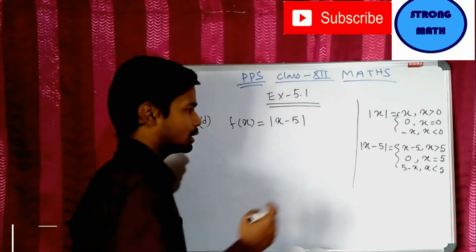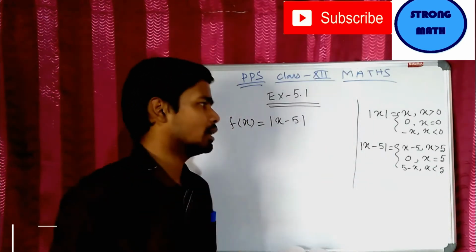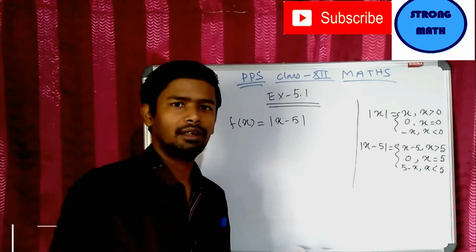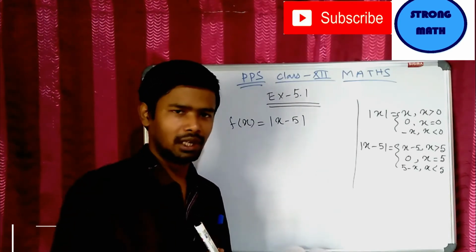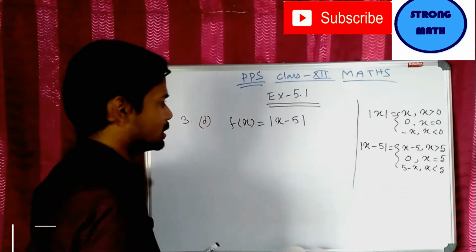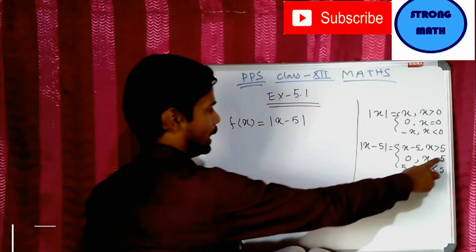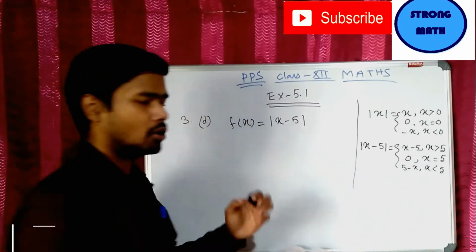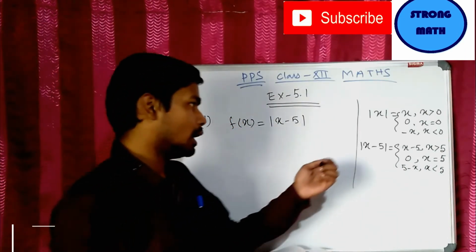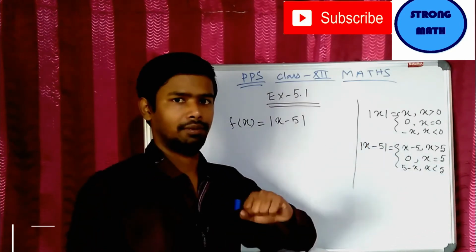So look, this is a function which is in the break form. Remember the previous class? As the function is broken at the point 5, so we have to check the continuity at the point 5.